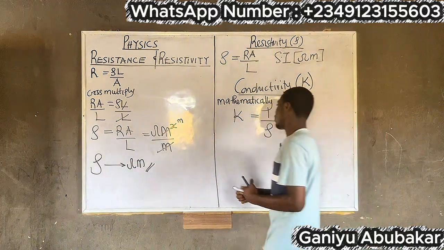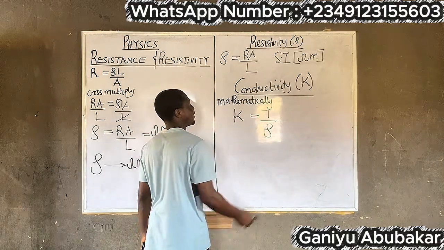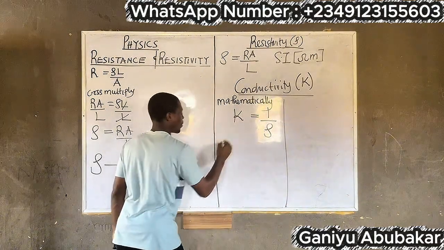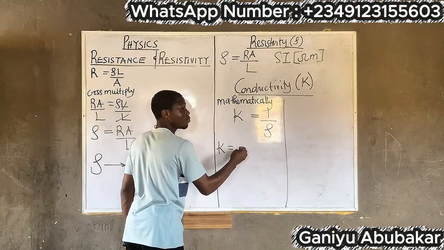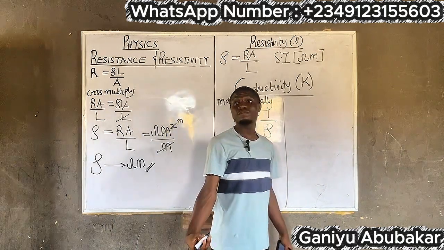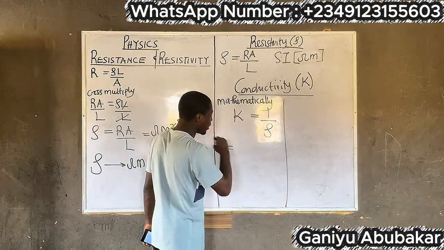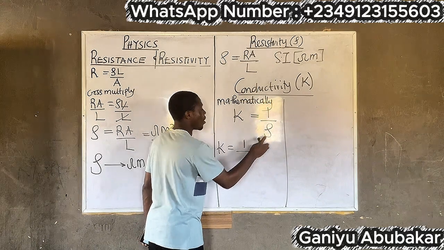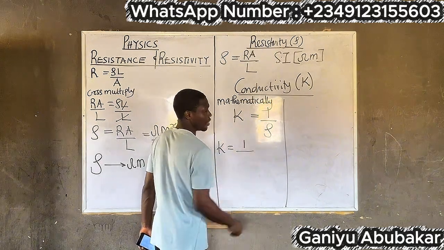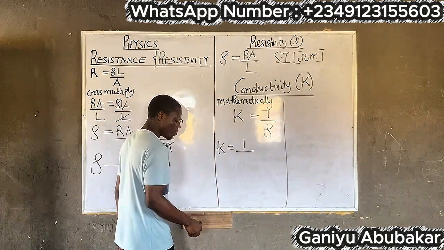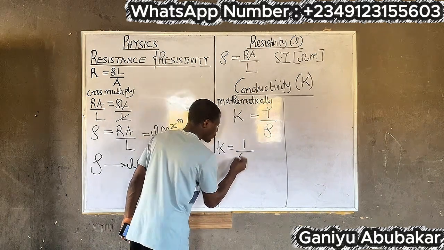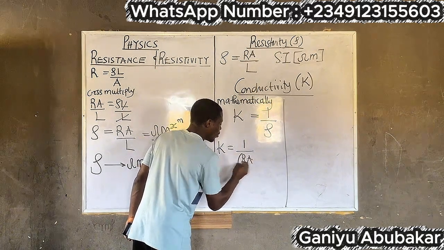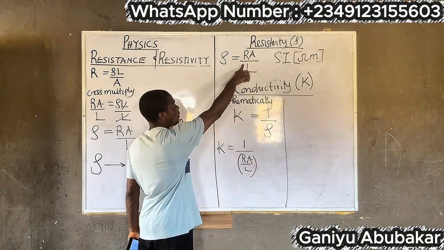So if I want to express this, K is equal to 1 over rho. We know that rho, the formula for resistivity, is RA over L, as explained here.